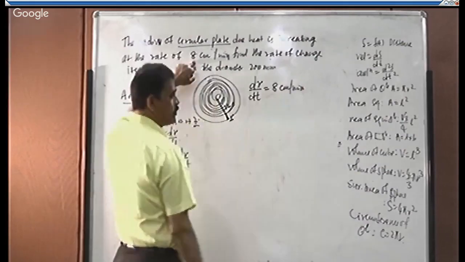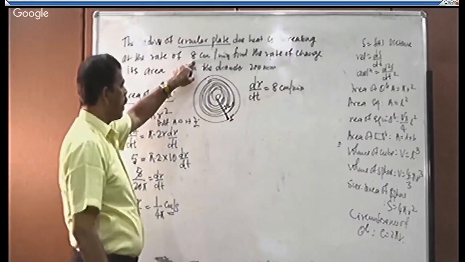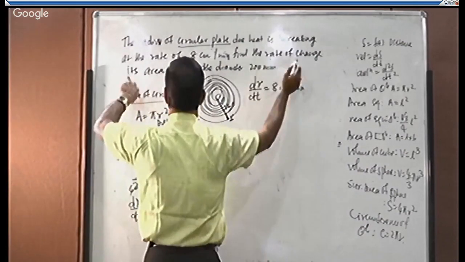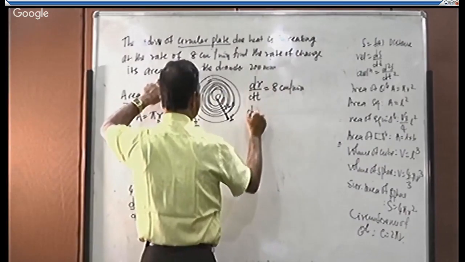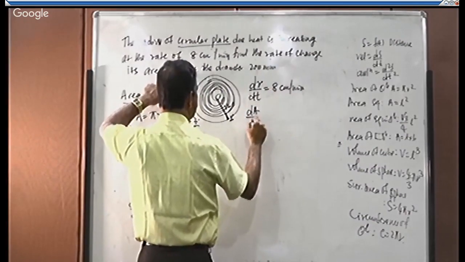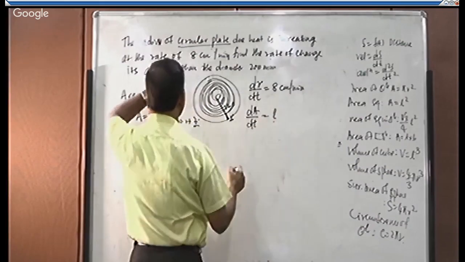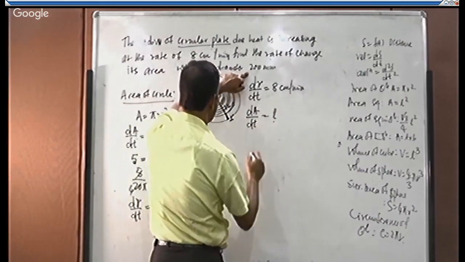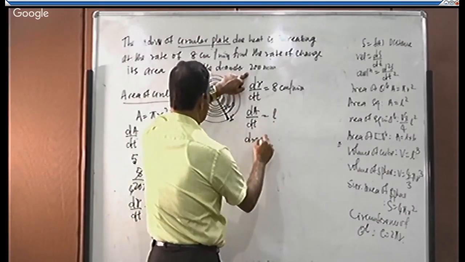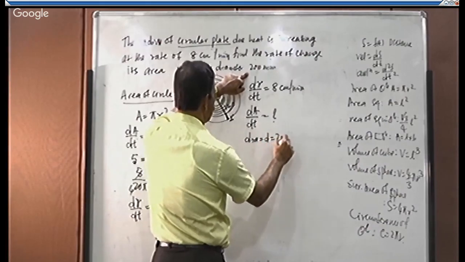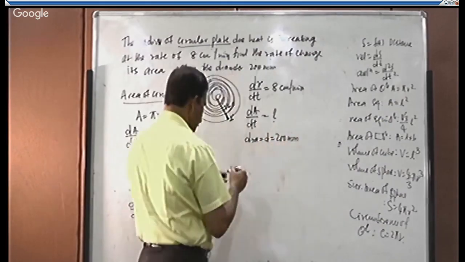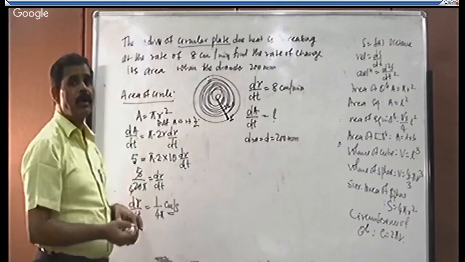So time is mentioned in minute. Find the rate of change of area means dA by dt is to be calculated, with the given diameter. Diameter d is equal to 200 mm.